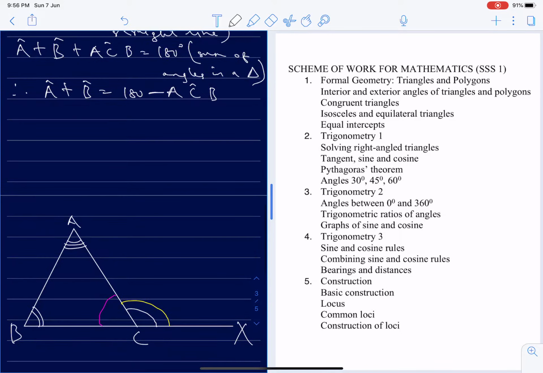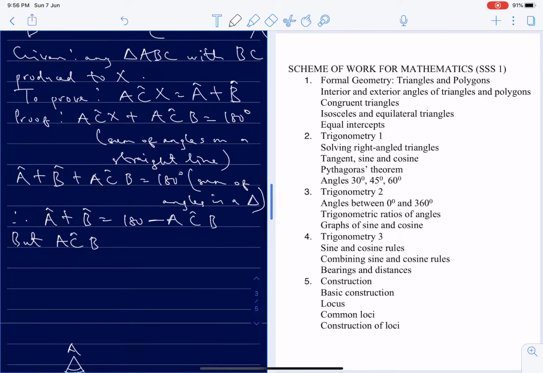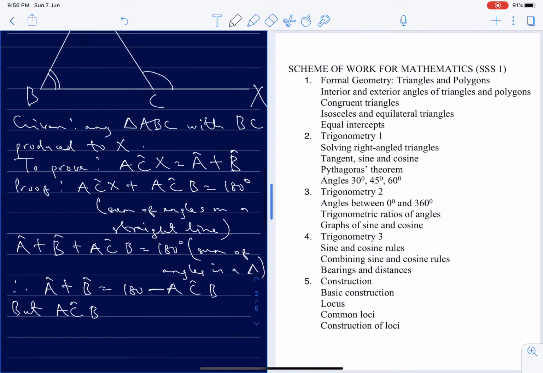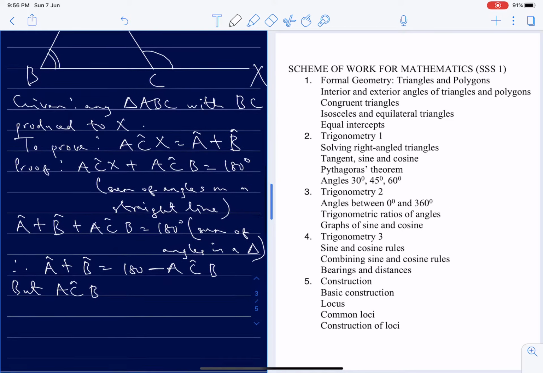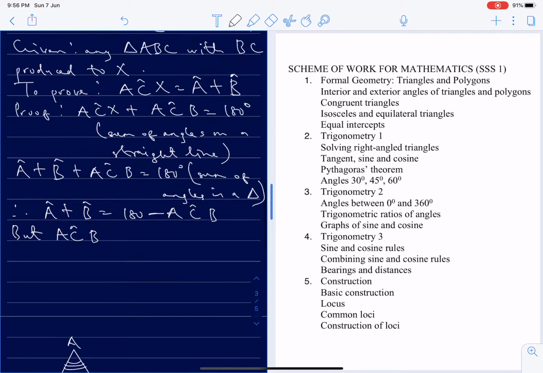And we know that angle ACB, from here we already said angle ACB plus angle ACX is 180 degrees. Did I get that right?